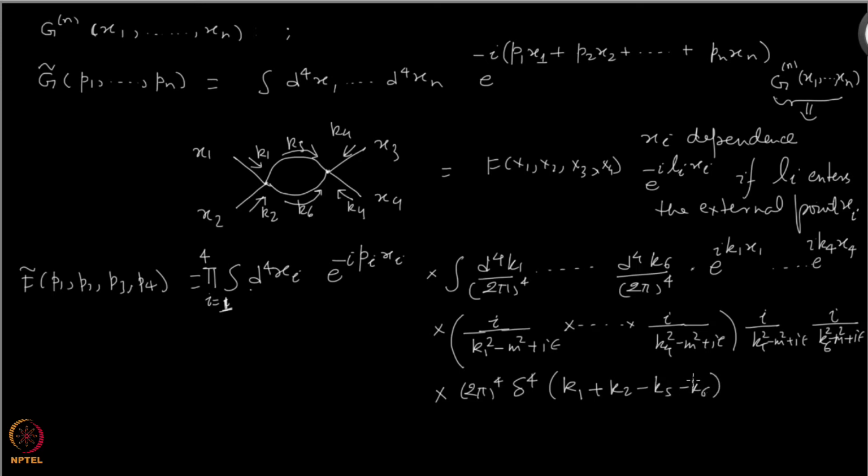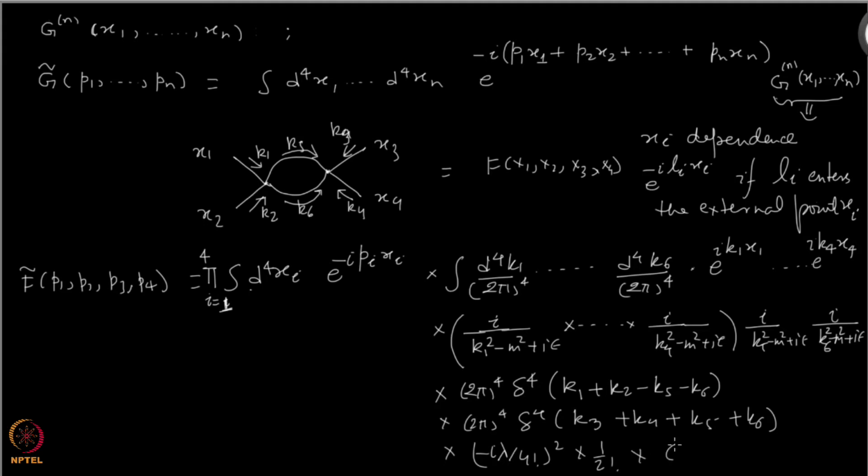So the sum of all momenta entering is 0, and you had another one, k3 plus k4 minus k5 minus k6. And then the other factors of (−iλ/4!)² times 1/2! times the combinatoric factor.